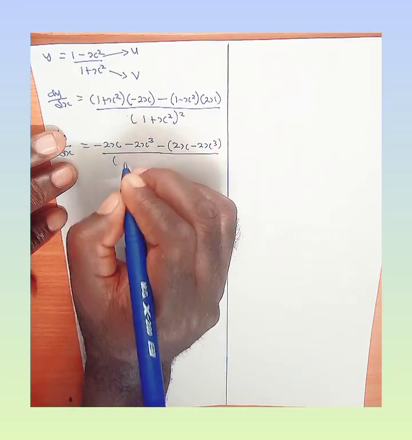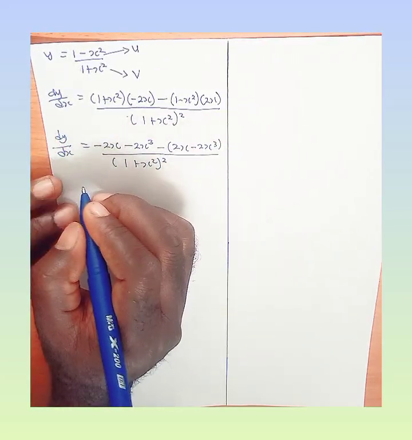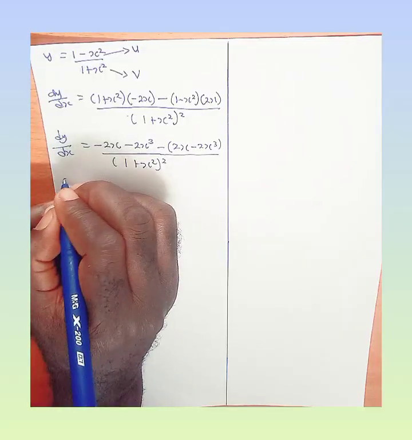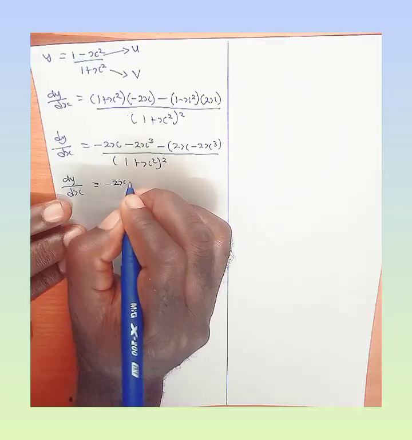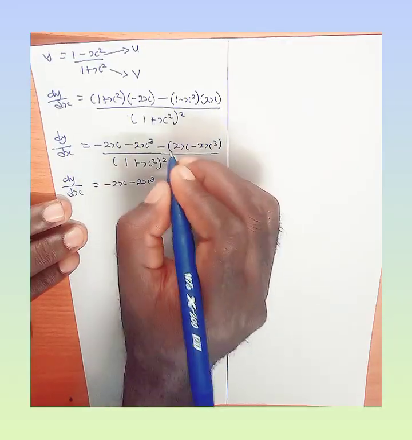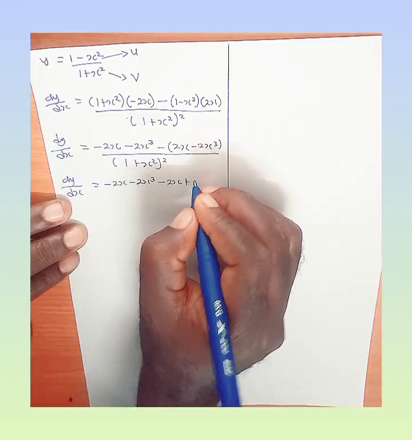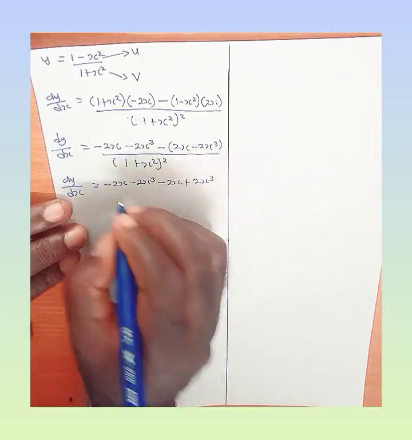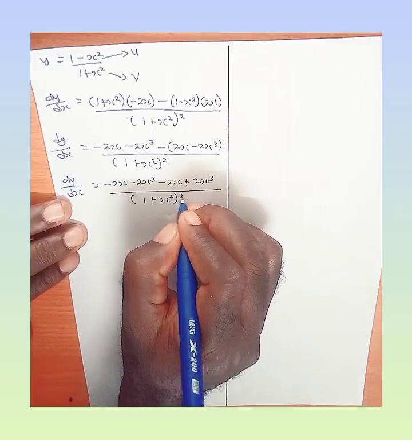Everything over 1 plus x squared, then square. You don't need to simplify the denominator, just leave it the way it is. We have dy/dx is equal to minus 2x minus 2x cubed. Open this bracket, we have minus 2x, minus minus becomes plus 2x cubed over 1 plus x squared squared.